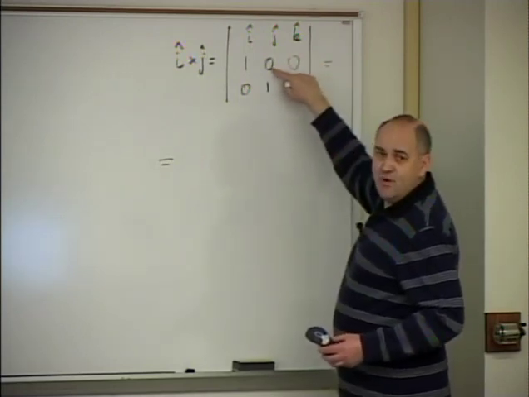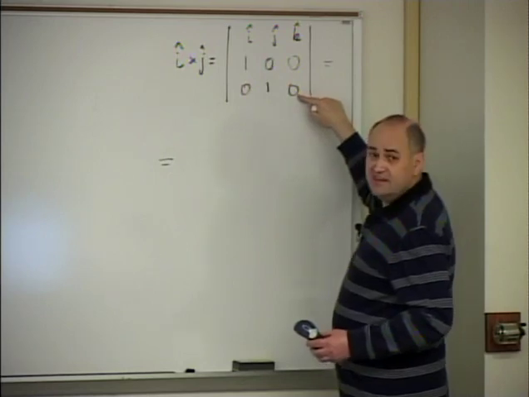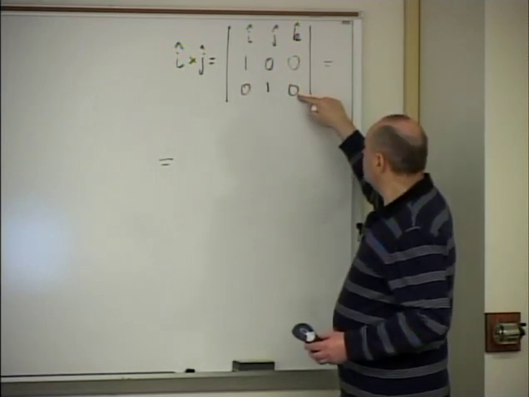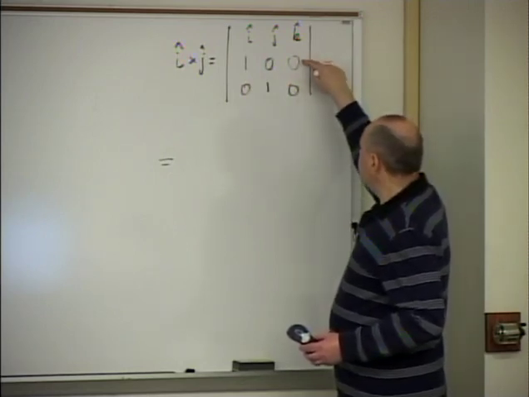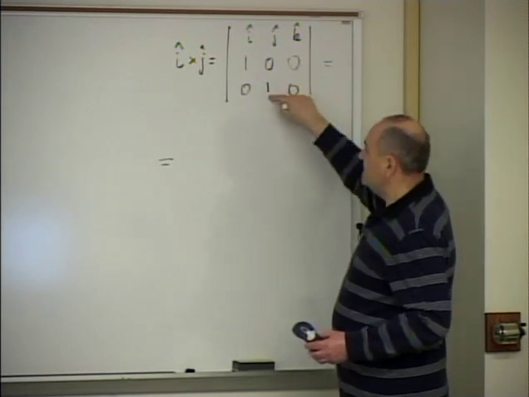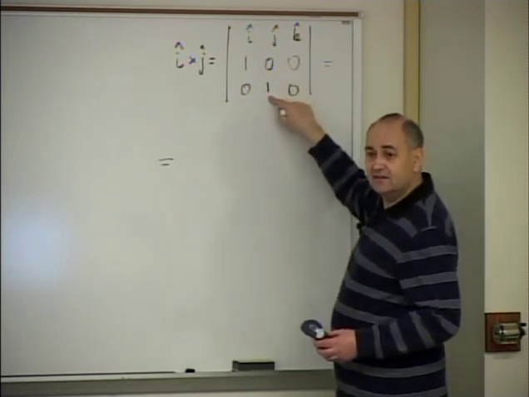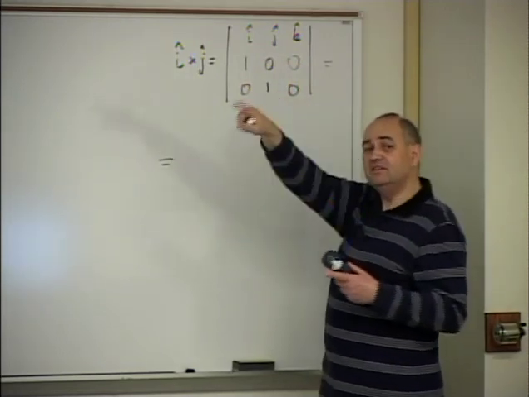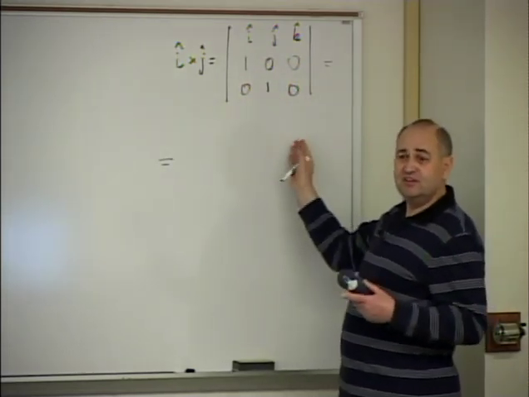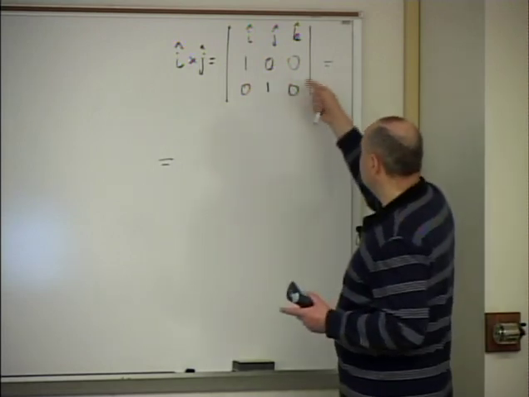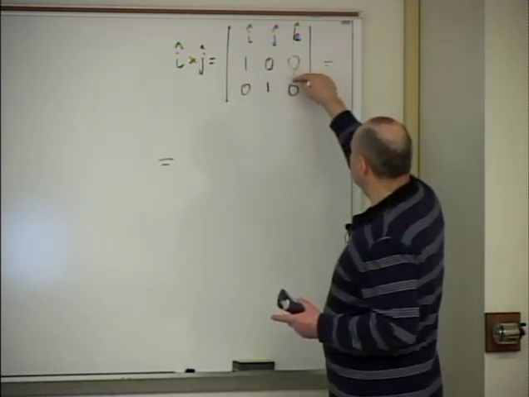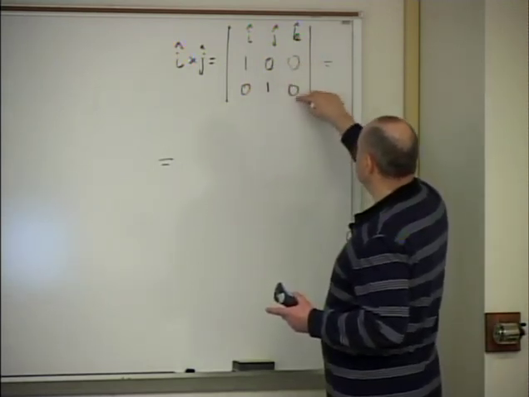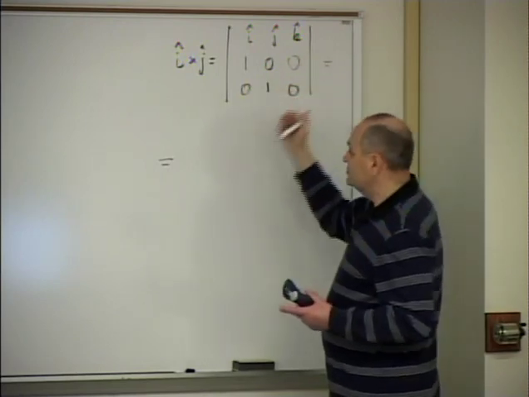Yeah, this is ay times bz minus az times by. Right? Do you see that? I'm not looking at the screen. I'm looking at the determinant. I really calculate determinant. So if I multiply these, I will have 0 times 0 minus 0 times 1. So it's 0i.